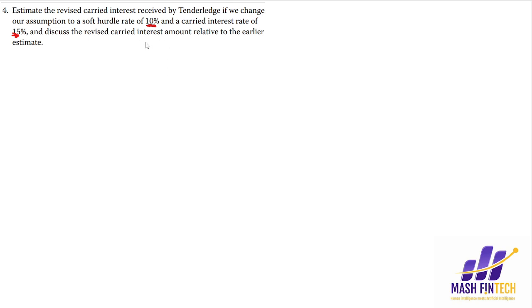The hurdle rate now is 10%. It's a soft hurdle rate, which is 10%. And on this 10%, our investment horizon is 4 years, and it's 100 million invested. So this is going to be 40 million. That's our hurdle rate.